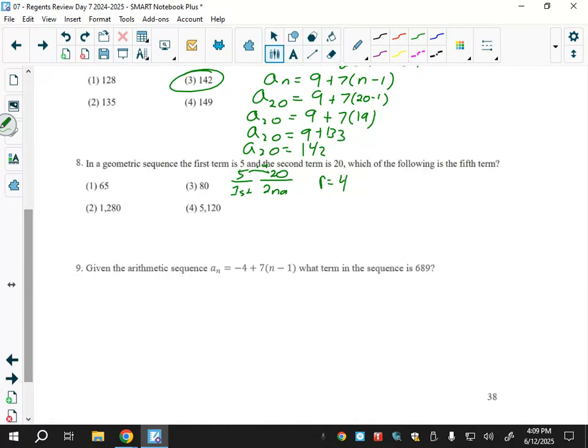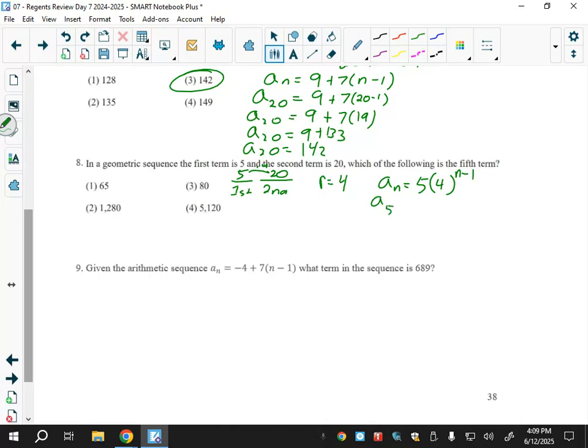Easy enough, you could just kind of multiply this out, but I want to do it with our geometric sequence formula. So that's going to be a sub n equals, our first term is 5, our common ratio is 4 to the n minus 1 power.